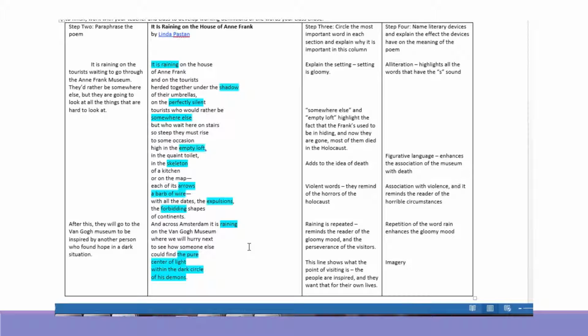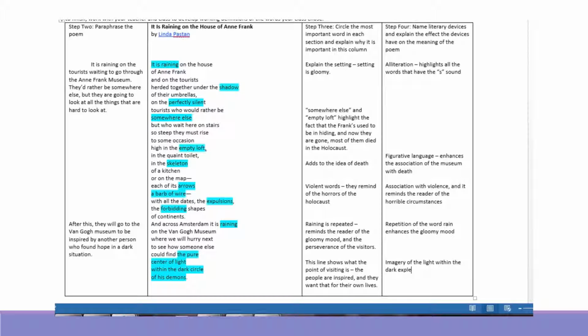This author has noticed that people are finding beauty and light and hope and inspiration in the darkest of times, and that's what draws people to go to these museums and to help find hope and light in their own lives. So the imagery of the light within the dark is really kind of the theme of the poem.